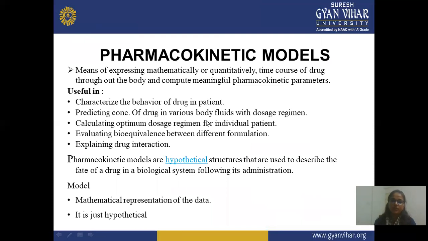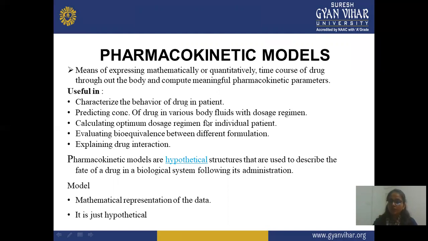A pharmacokinetic model is a means of expressing quantitatively the time course of the drug throughout the body and computing meaningful pharmacokinetic parameters. It means this pharmacokinetic model is nothing but some mathematical quantitative equation or response that gives the time course of a drug in your body.